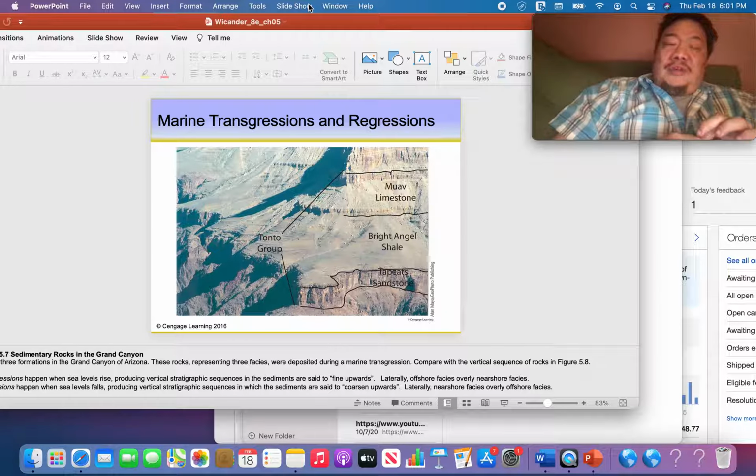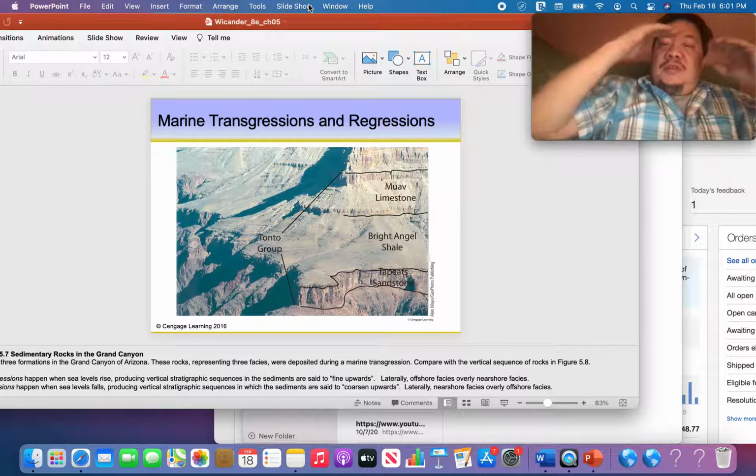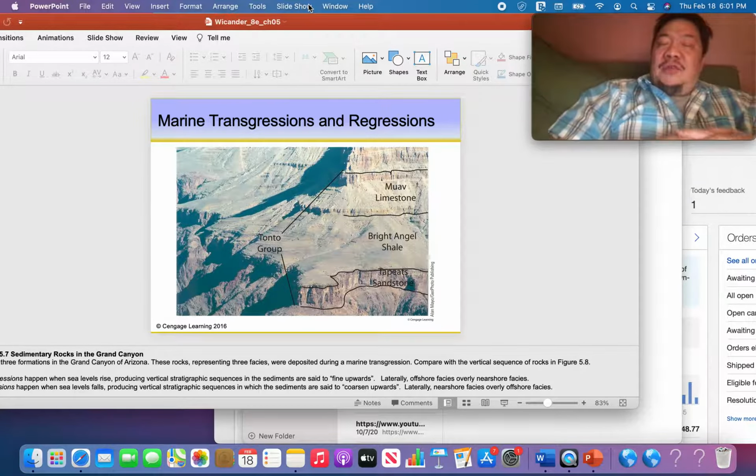Whether or not you have a transgression or a regression depends on global climate. If the Earth is warming up, that means the glaciers are going to melt, and sea level will rise, and the oceans will invade the land, and you're going to get transgressions.